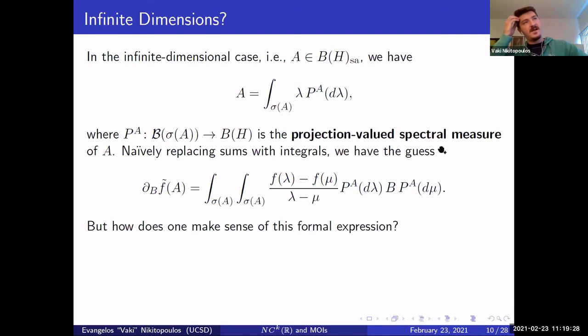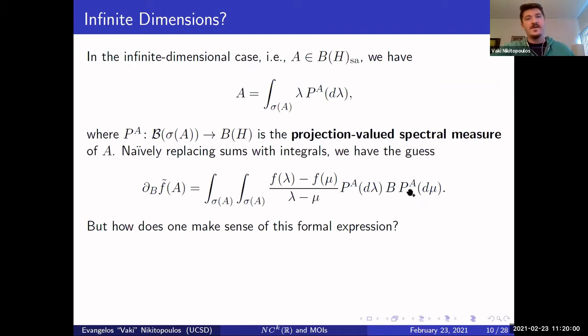But then immediately, it's not quite clear how to make sense of this expression. If you're familiar with projection valued measures, the standard theory only lets you integrate scalar functions with respect to a projection valued measure. So actually, this inner integral is fine. It's a continuous scalar function of lambda integrated against P_A, no problem. You can multiply by B, no problem. But this outer integral is an issue. This is an operator valued function of mu, and it's unclear how to integrate that against P_A.